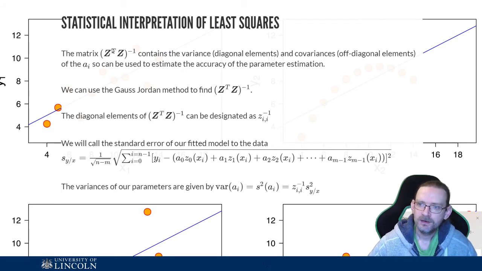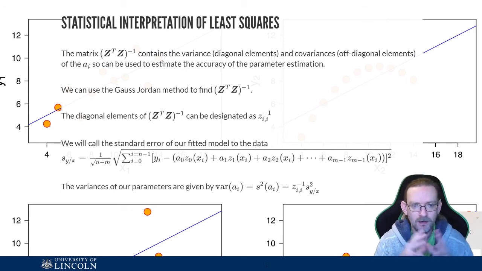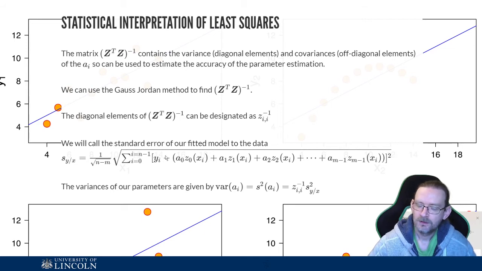But it turns out that this matrix on the left-hand side, this Z transpose Z, actually gives us a lot of information about how reliable our fit is. And particularly you can get errors on a particular variable, so that the variance in these parameters is given by the standard error, which is a measure of the total distance.